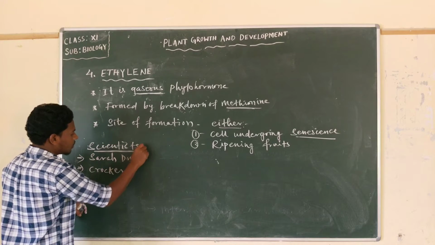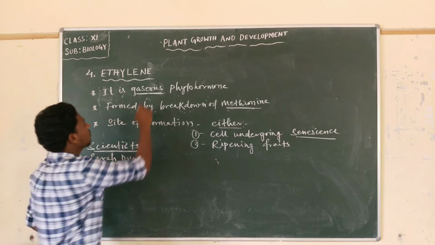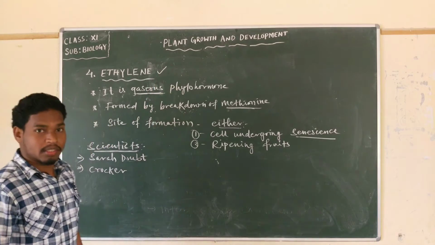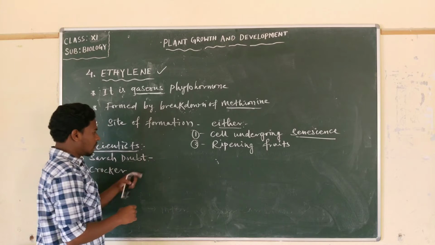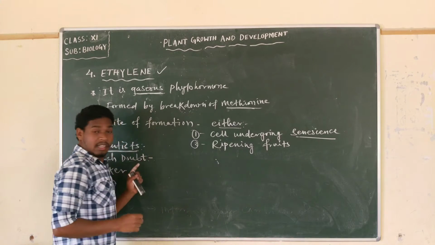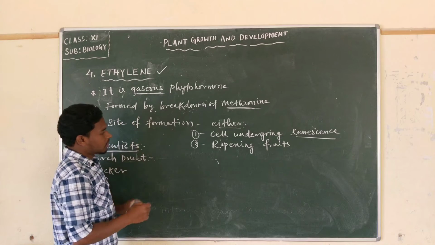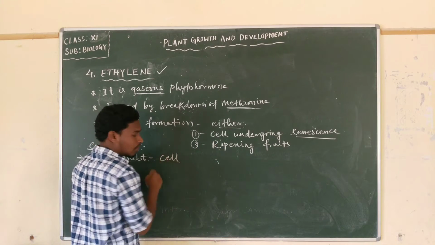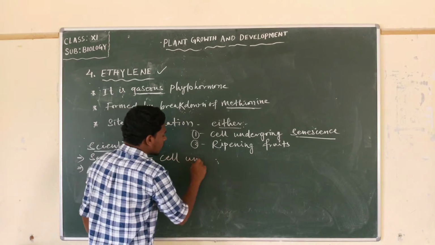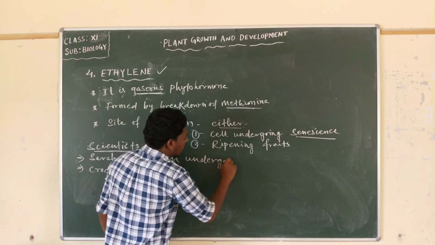These are two scientists who found the phytohormone known as ethylene. One is Sarah Dowd, who found ethylene during cell undergoing senescence.